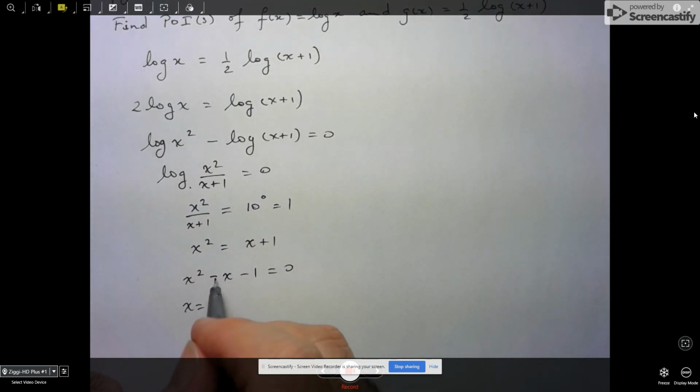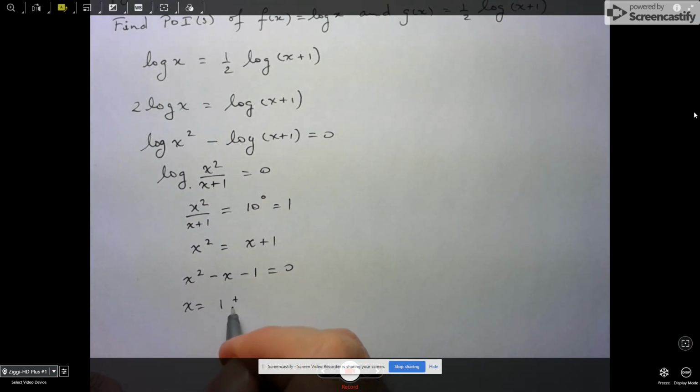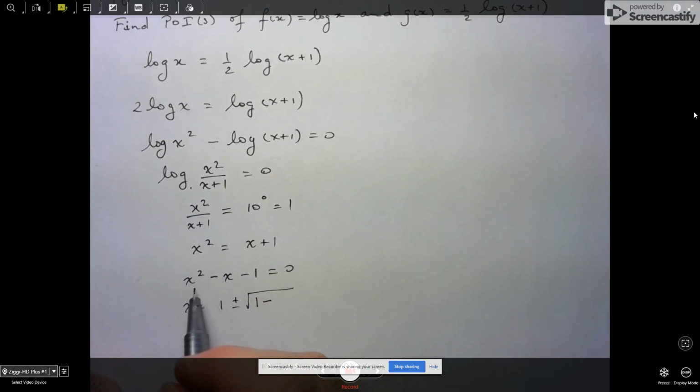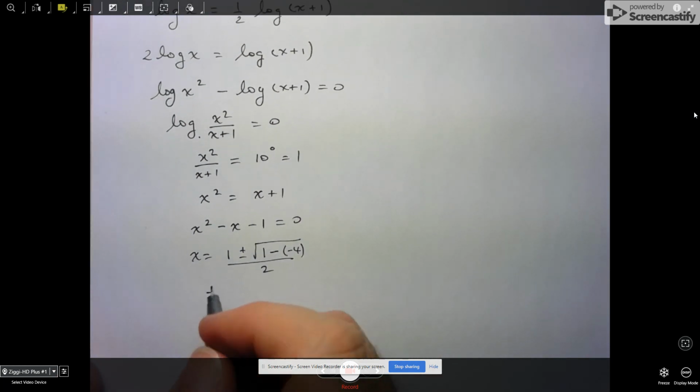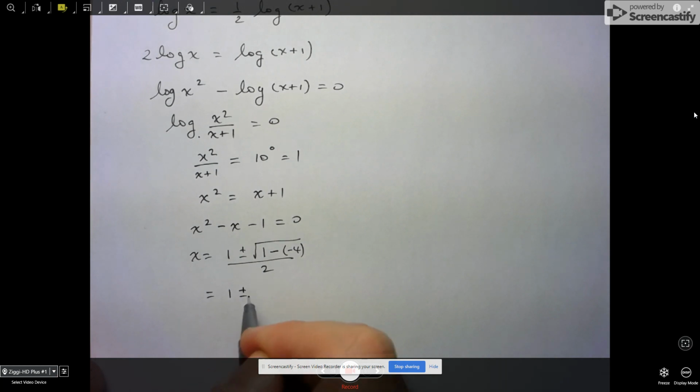So x is equal to negative b, so 1, plus or minus the square root of b squared, which is 1, minus 4 times a, which is 1, times negative 1. So 4 times negative 1 is negative 4. And so we just have that x is equal to 1 plus or minus root 5 over 2.